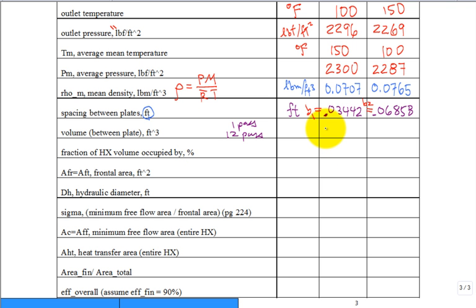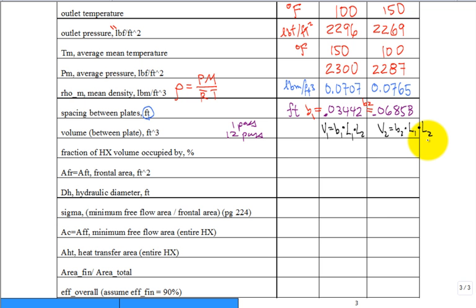So the volume 1 is B1, I had that right. L1 times L2, exactly right. There, thank you. And then V2 is B2 times L1 times L2. All right.